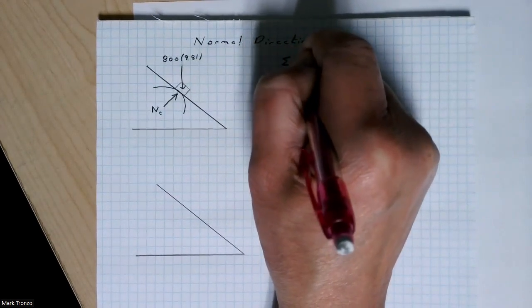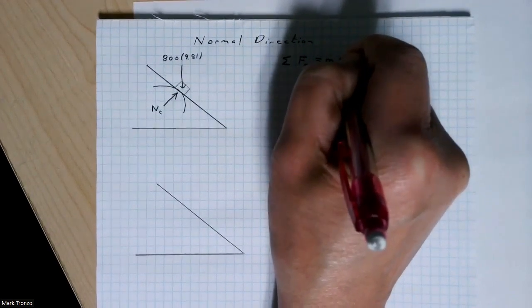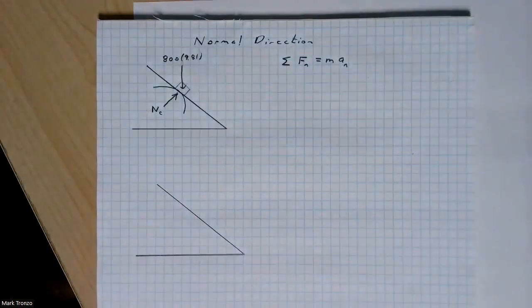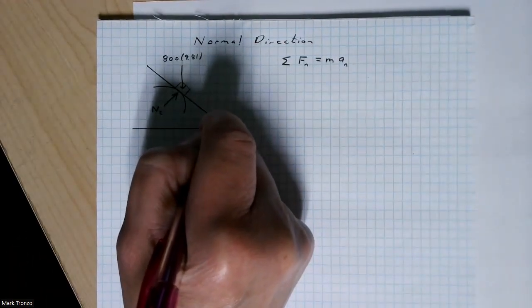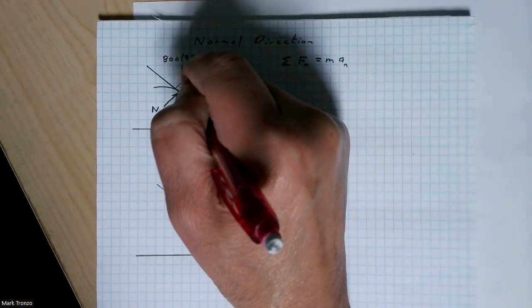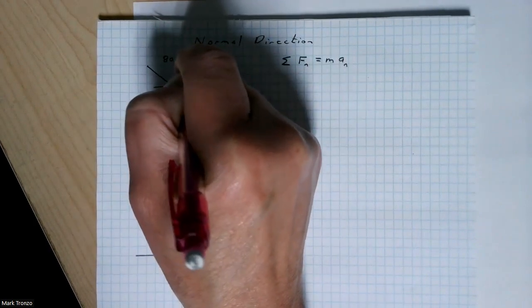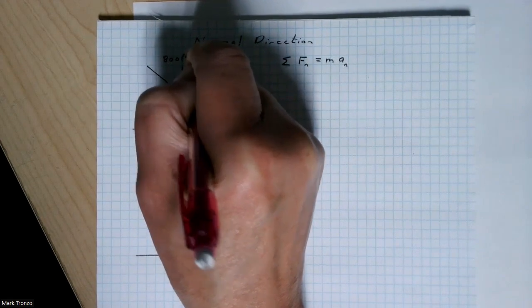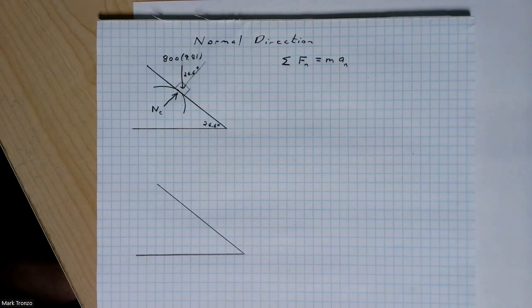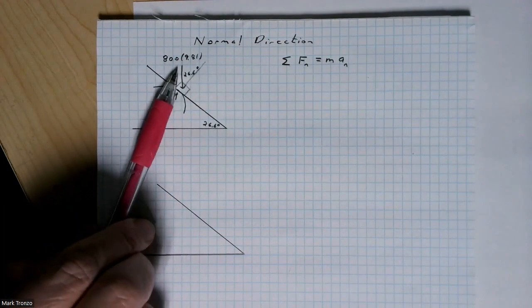Again, we're going to focus on the normal direction right now. So we sum the forces in the normal direction like this. We said this was 26.6 degrees, and that also means this one right here is 26.6 degrees. That's precisely going to be the normal component.